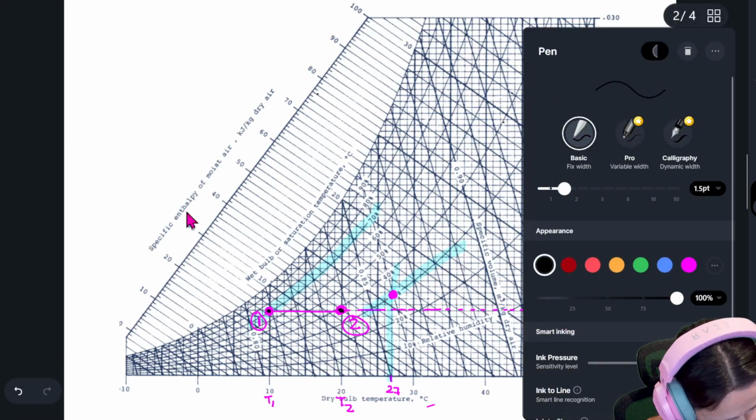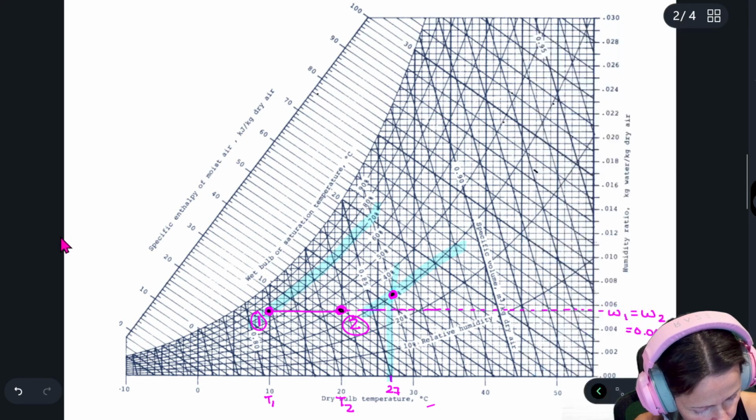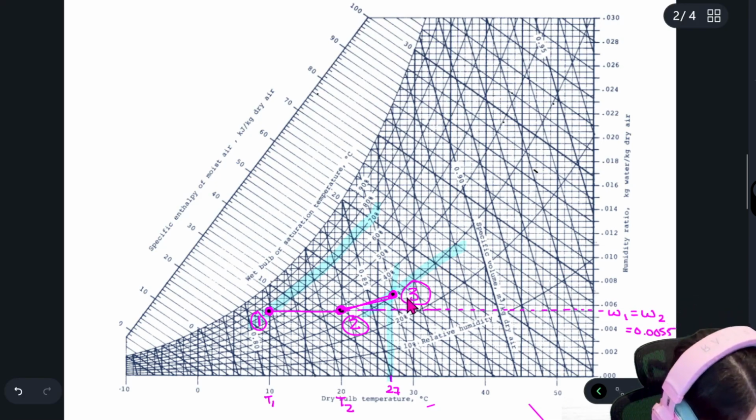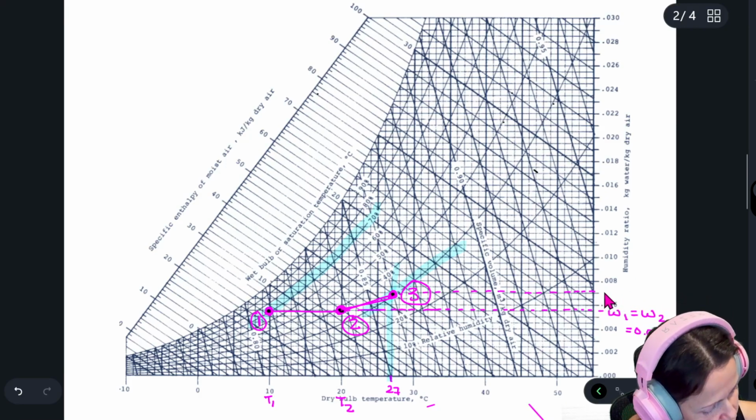I'll put a little dot there so I can better see it. So there's state 3, and its specific humidity is about 0.007.